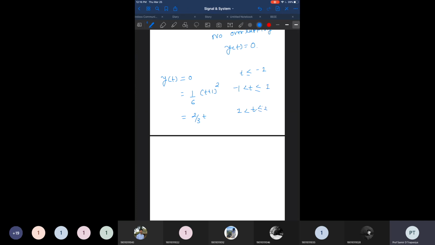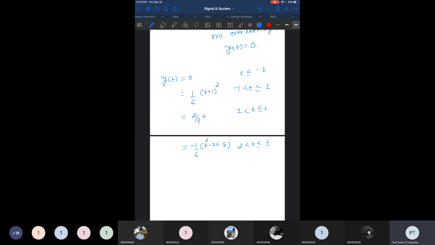And for the values of t from 2 to 3, it is minus 1 by 6 (t square minus 2t minus 8).